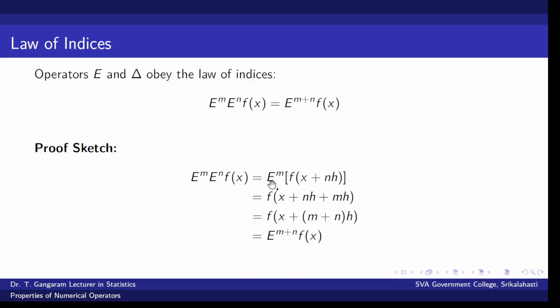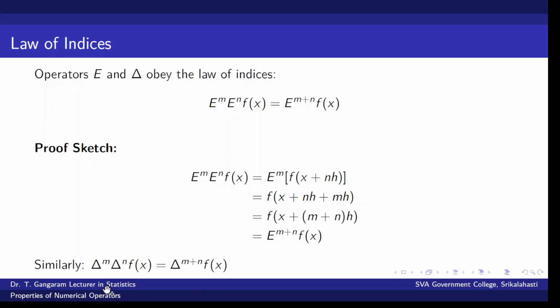Again apply E power m here; it shifts m times, so we get f of x plus mh plus nh. Commoning h, f of x plus m plus n into h. This is the m plus n shift. So we can write this as E power m plus n into f of x.